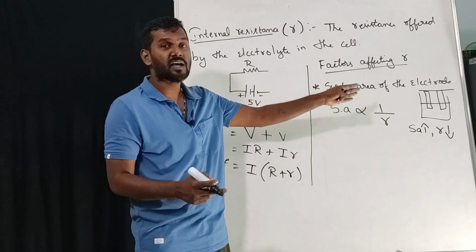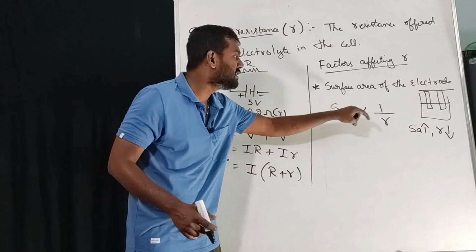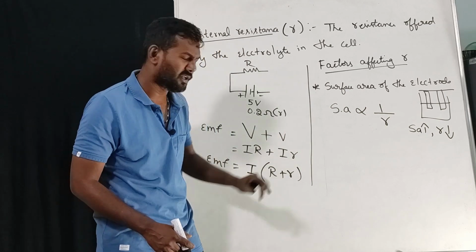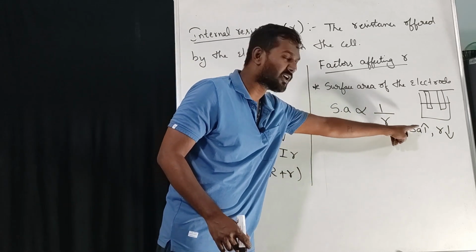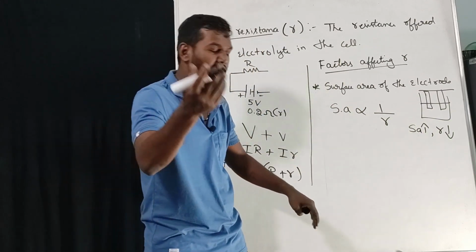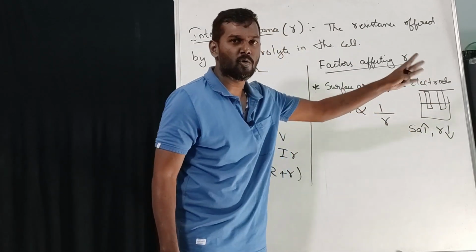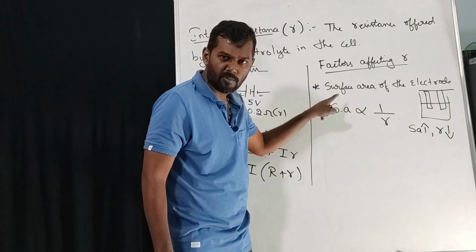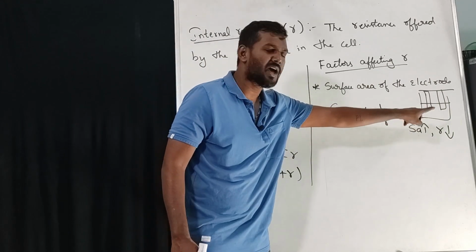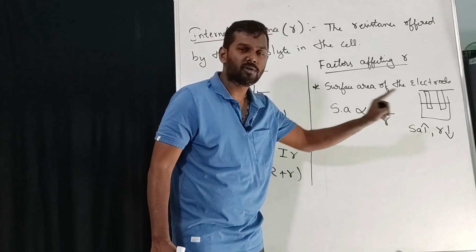How the surface area of the electrode affects internal resistance means these two are inversely proportional, you can write. Or you can write, if the surface area is more, internal resistance will be less. Or you can write it a different way: if the surface area is less, internal resistance will be more. Inversely proportional: more the surface area, less the internal resistance; less the surface area, more the internal resistance.